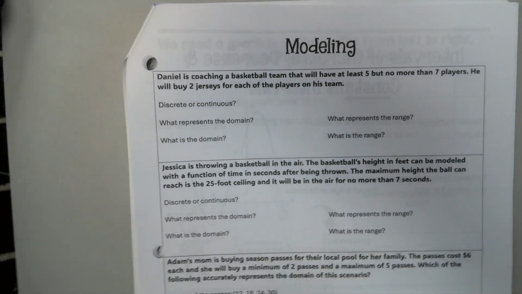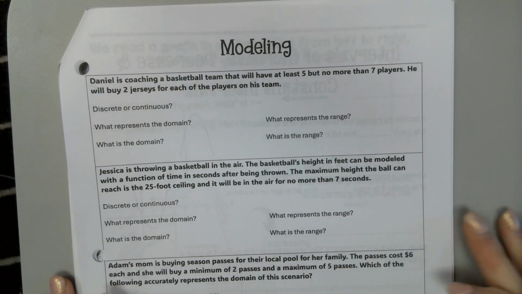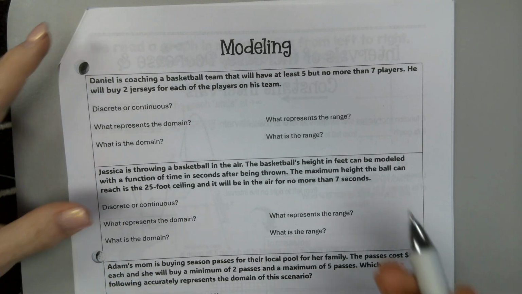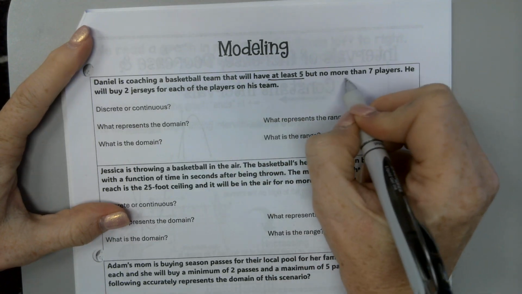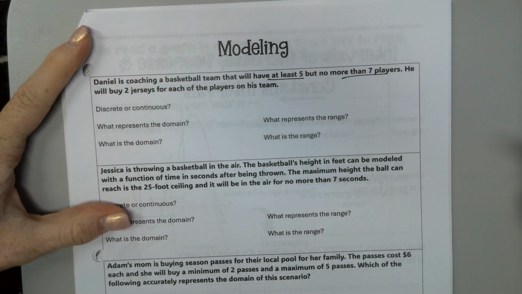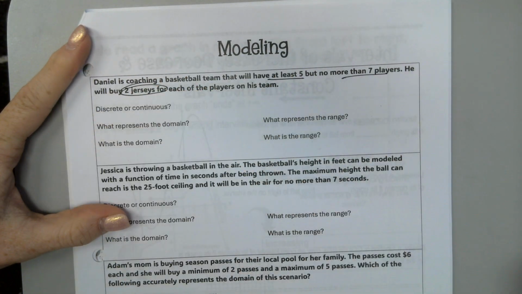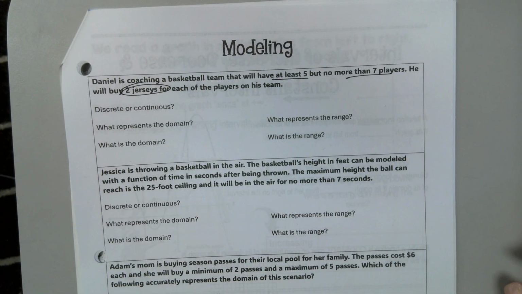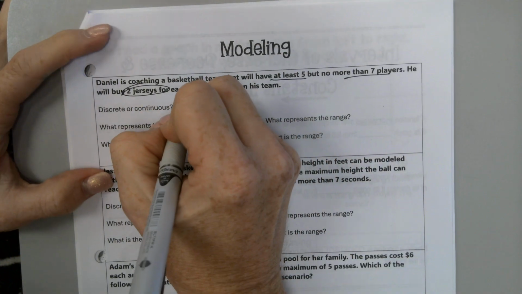Okay? So, right here, my question says, Daniel is coaching a basketball team and will have at least 5, but no more than 7 players. He will buy 2 jerseys for each of the players on his team. All right, is this discrete or continuous? Ooh, careful.